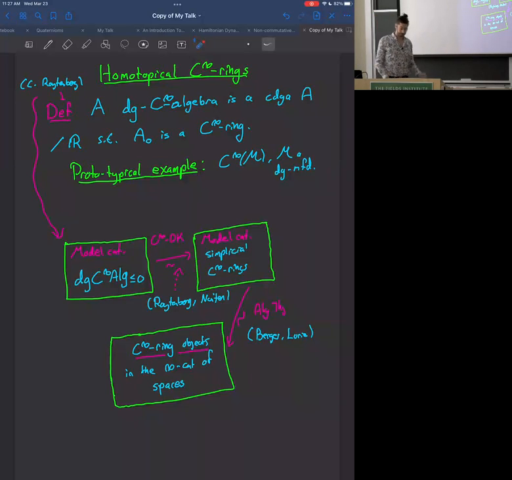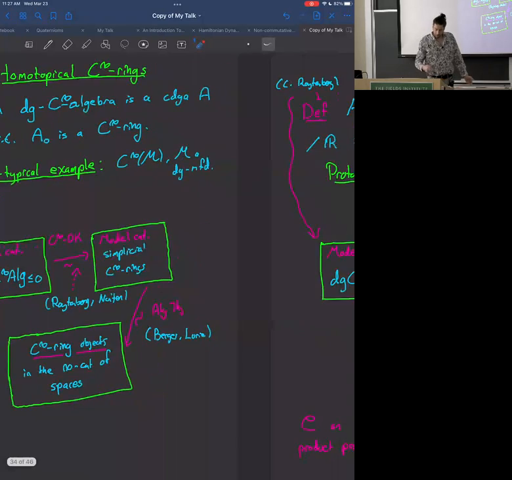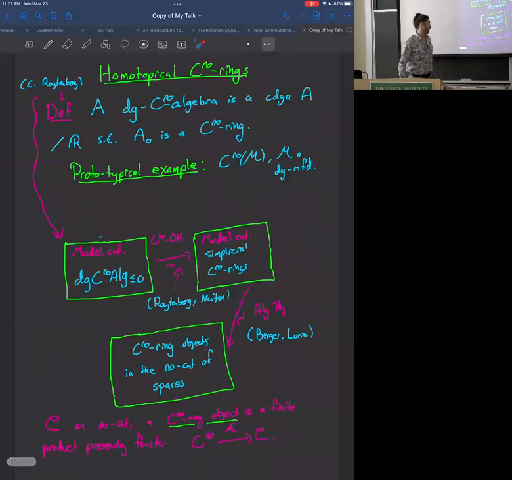That's the idea. And a C-infinity ring object is just a finite product preserving functor from C-infinity, but now into spaces. That means it preserves products up to homotopy, but as written in the language of infinity categories, it's just a finite product preserving functor. And I can do that for any infinity category I want. It doesn't have to be spaces.